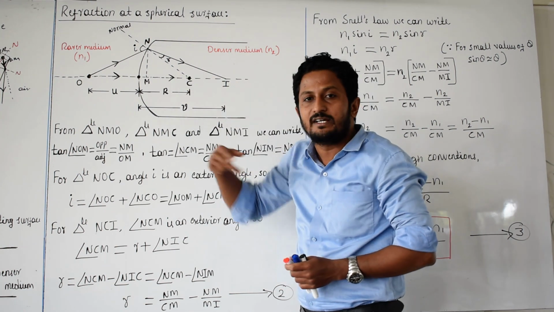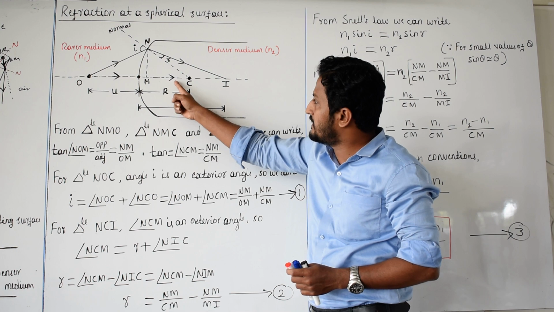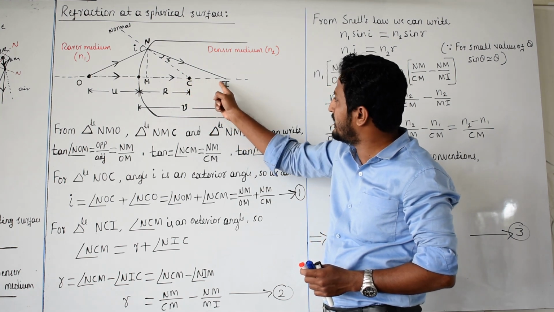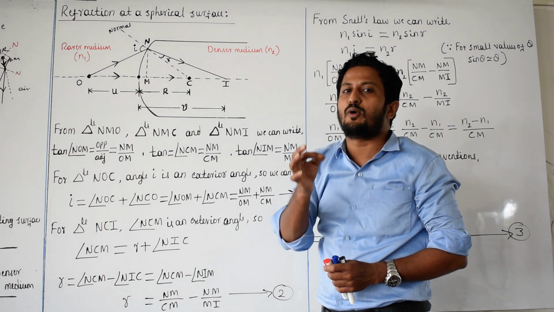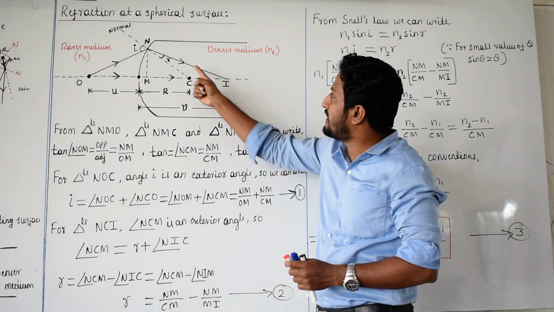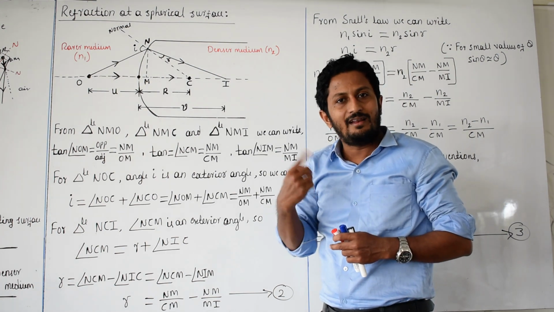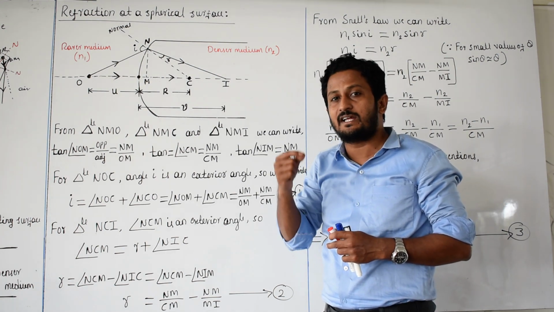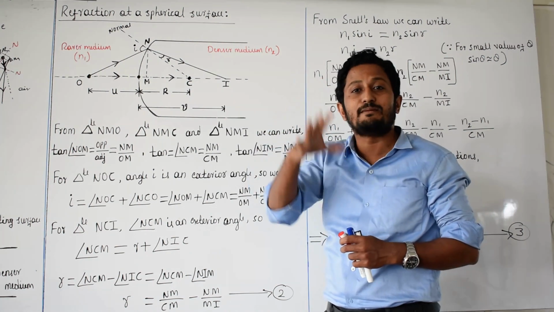This one and this one, these two are the refracted light rays. See here, this light ray is coming somewhere here, at this point I. At point I, both refracted light rays met. Where refracted light rays are going to meet, there they are going to produce the image.